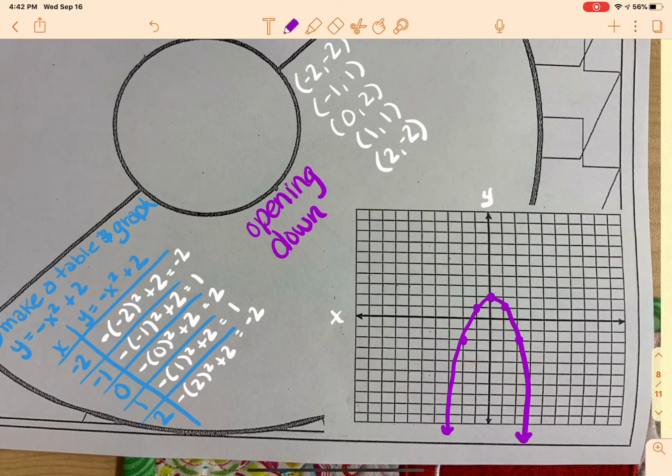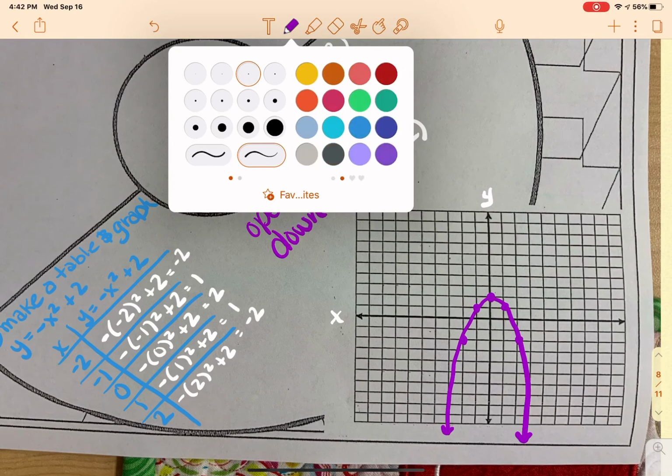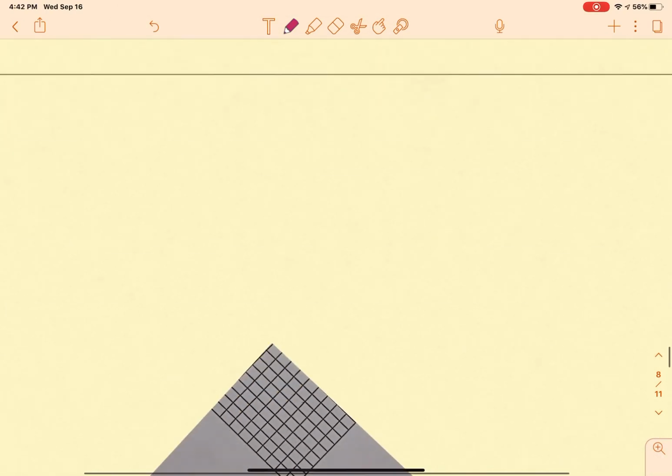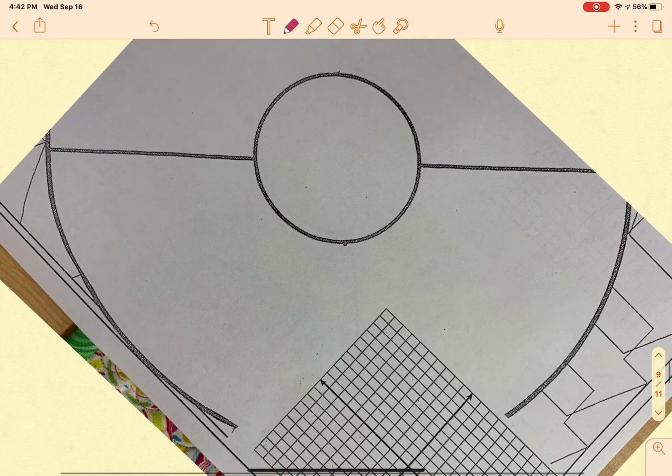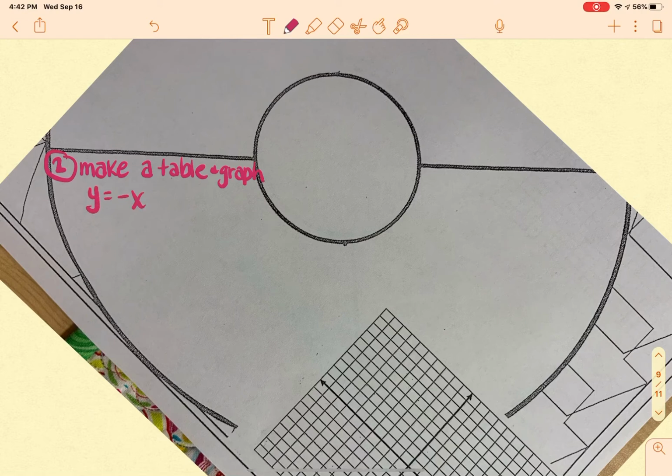Okay, let's try one more. Okay, so I've gone to the other half of my paper, and the directions are going to be the same. Make a table and graph. And my equation is going to be y equals negative x squared minus 2.